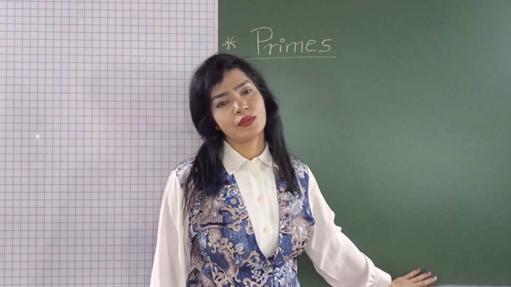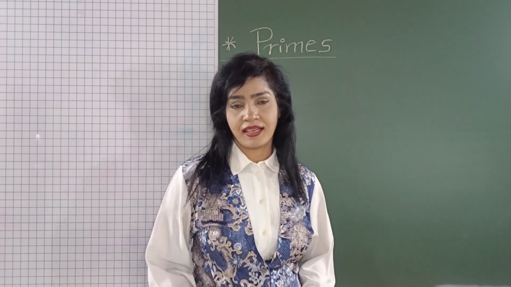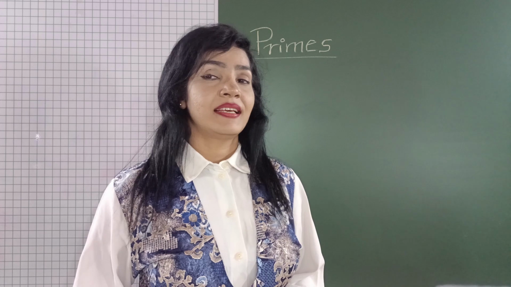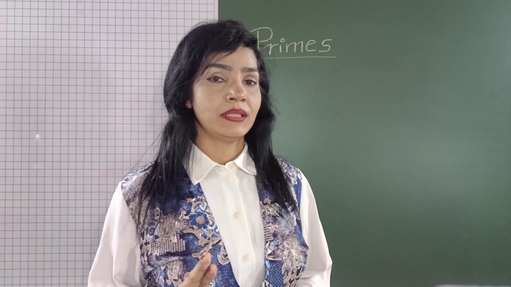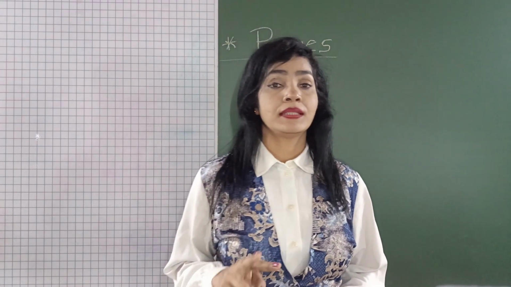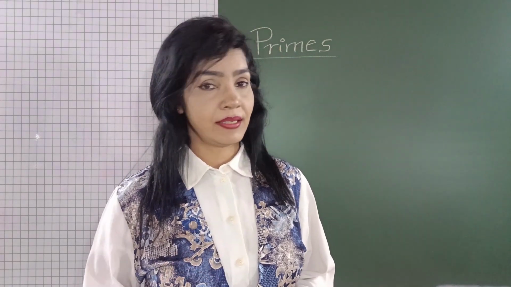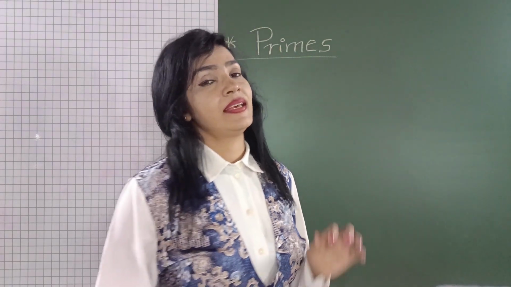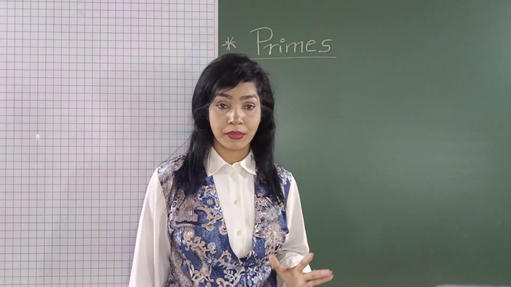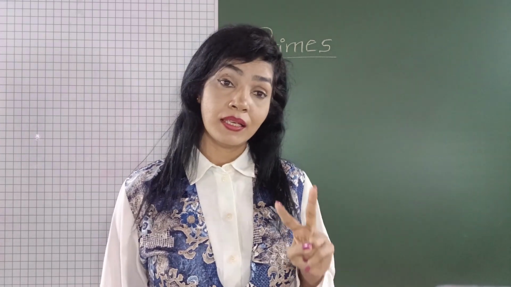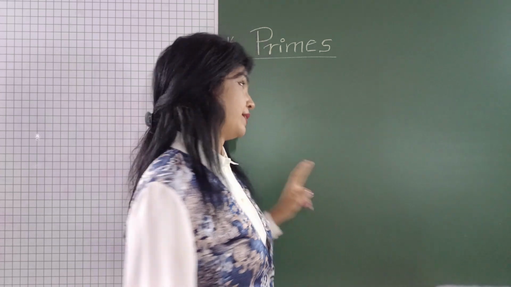Yes, there are two definitions. One is that prime numbers are the numbers that have only two factors. What is the first definition? The prime numbers are the numbers that have only two factors, right?